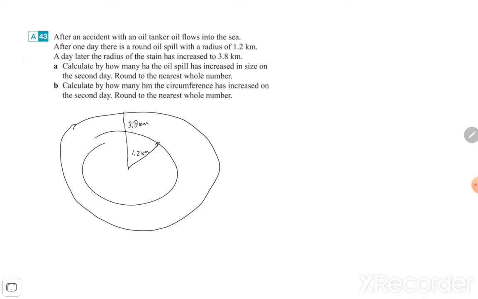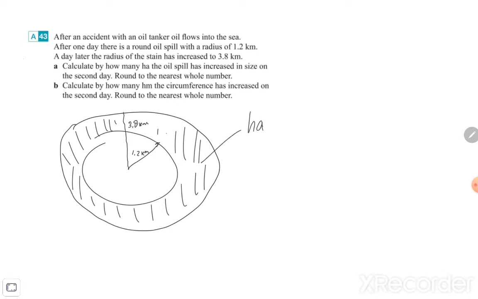Calculate by how many hectare the oil spill has increased in size on the second day, rounded to the nearest whole number. So the question is, what is the area of this circle in hectare? We need to know that hectare is exactly the same as square hectometers.